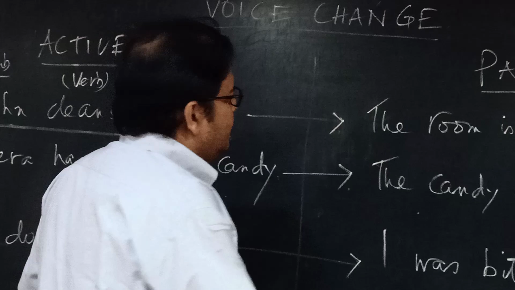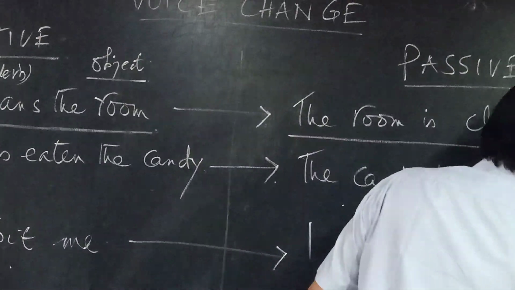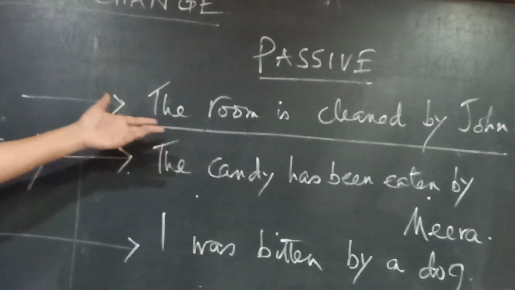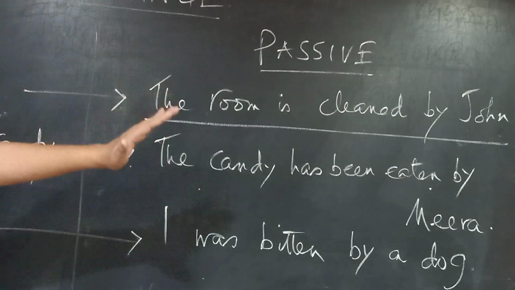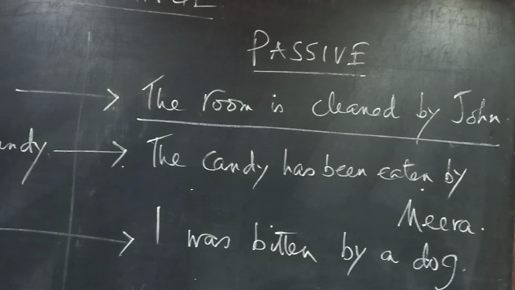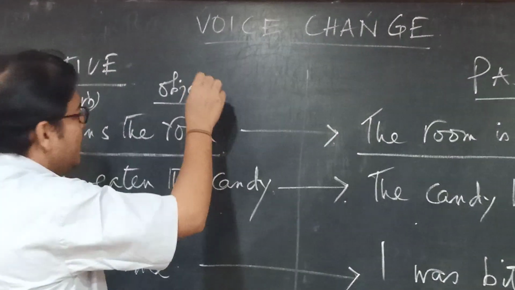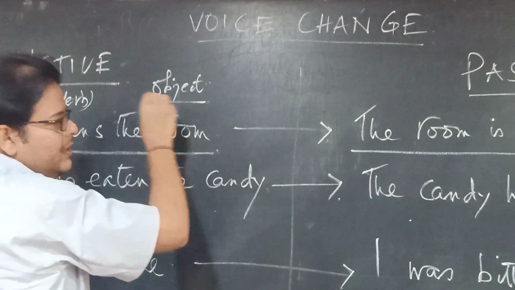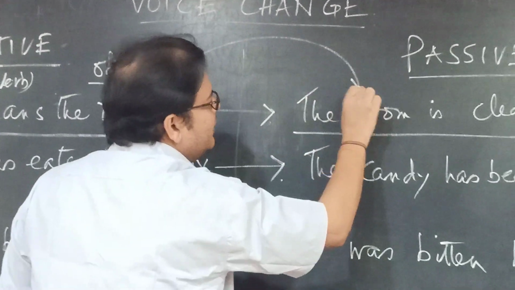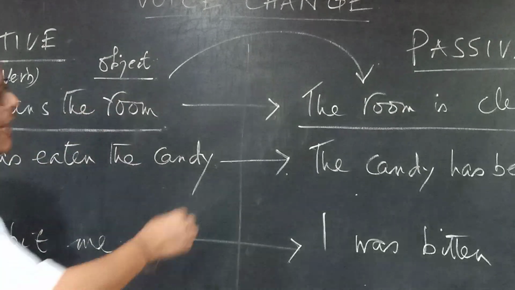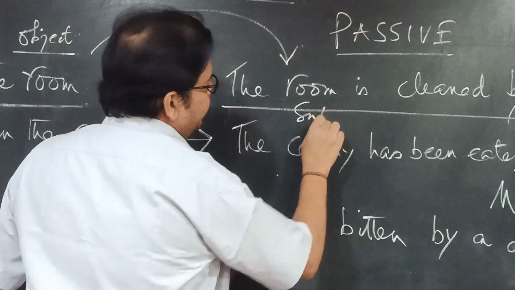And note carefully that when we have transformed this sentence into passive voice, we have made the object of the active voice sentence the subject of the passive voice sentence. So the object here has become the subject here.